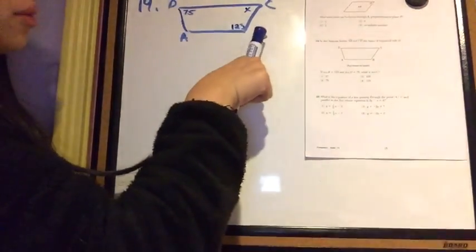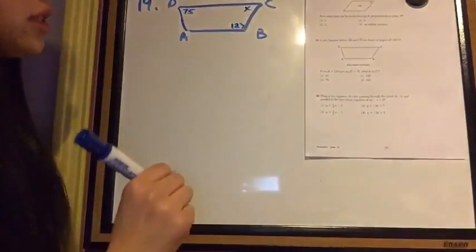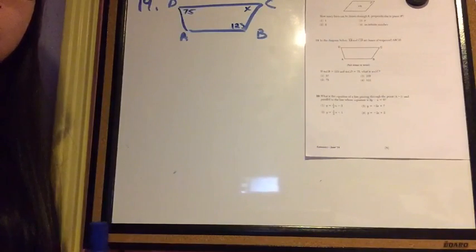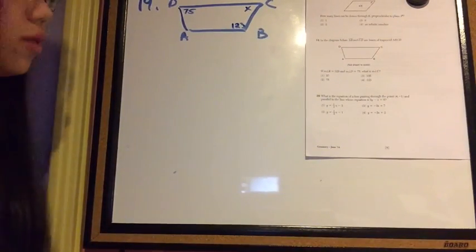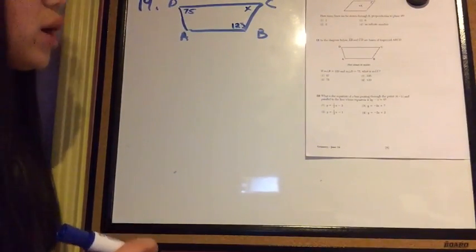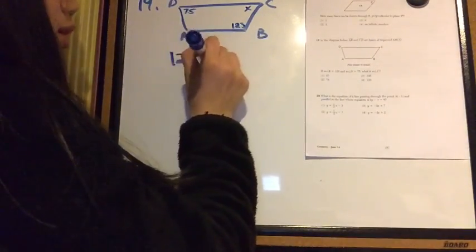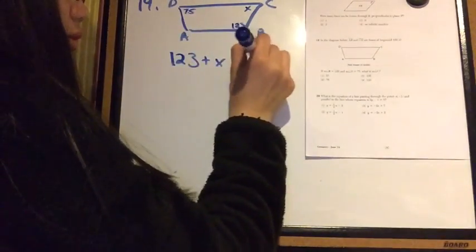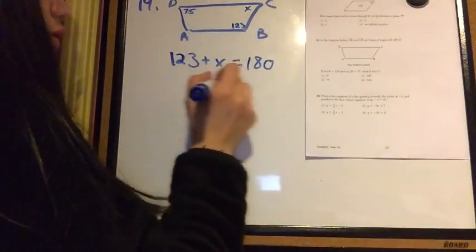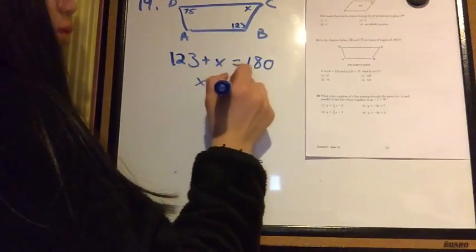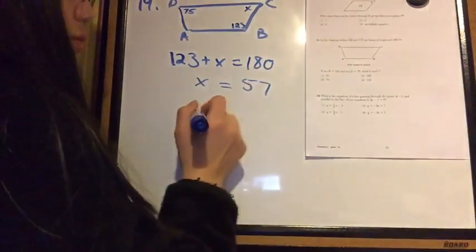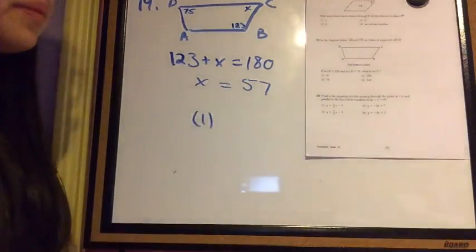Measure of angle B and measure of angle C add up to 180 because of the properties of a trapezoid. So 123 plus x equals 180. So x is equal to 57, which is number 1.